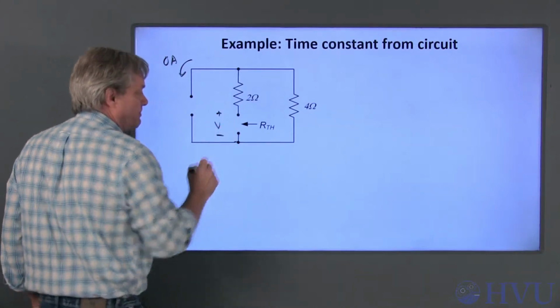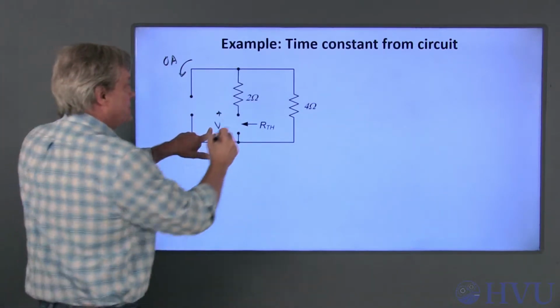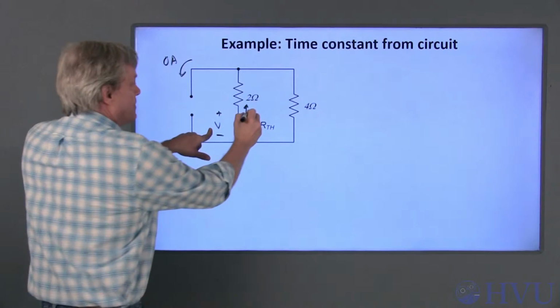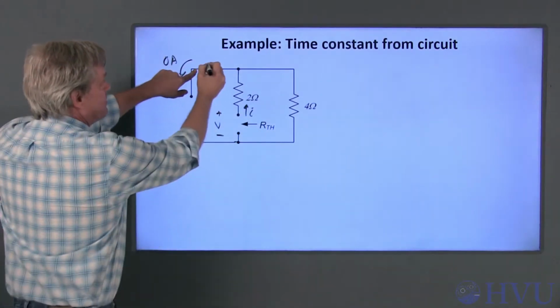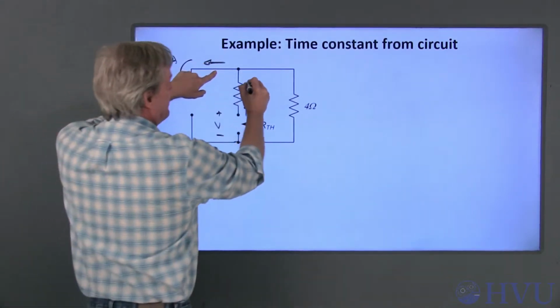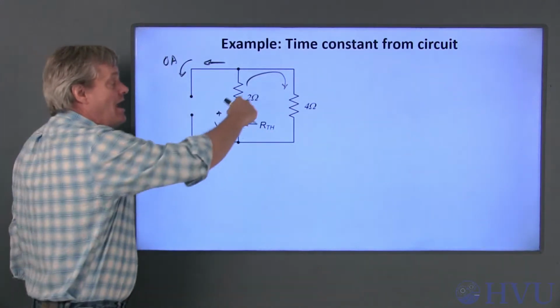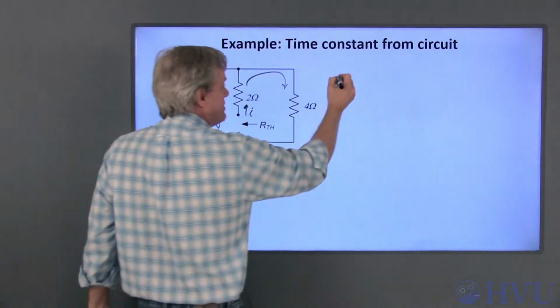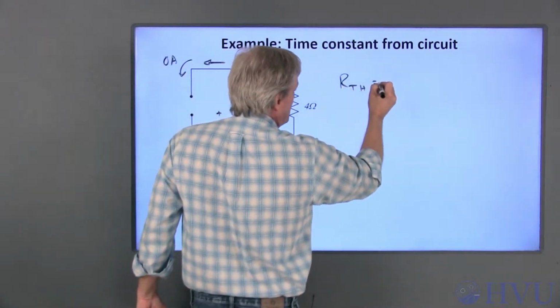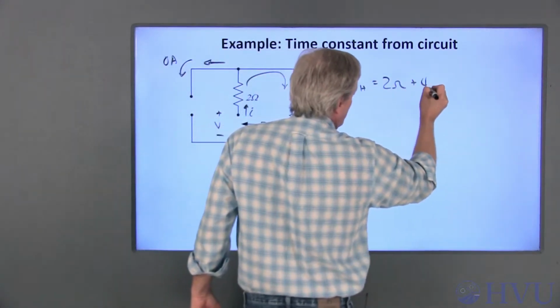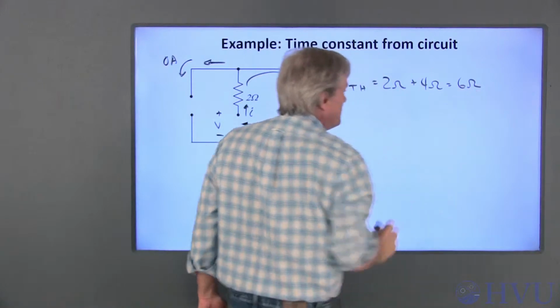So what I'm doing is applying a little hypothetical voltage and determining the resulting current. Since this current is 0, all of the current going through the 2 ohm resistor will also go through the 4 ohm resistor, and those two resistors are in series. So RTH is the sum of 2 ohms and 4 ohms, which is 6 ohms.